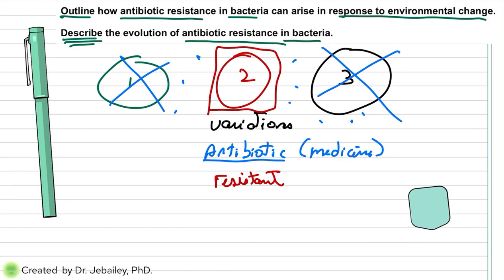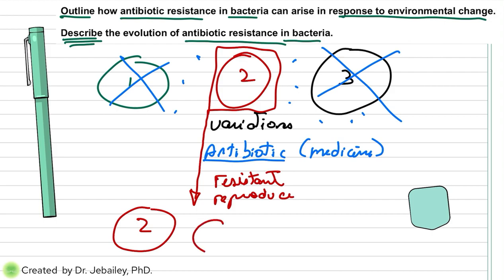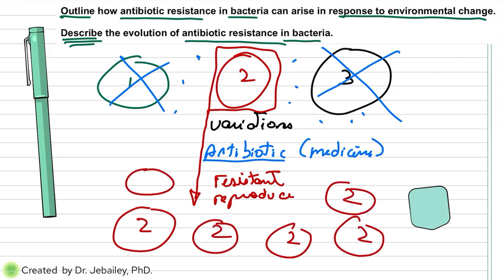It did not die. Now 2 survived, and now it goes and reproduces, right? Why? Because it wants to continue its legacy. That means it wants to pass on its genes. So now I'm producing a lot of bacteria that have the trait of 2. So look what happens. In the old days, the population was made of 1, 2, and 3, right?